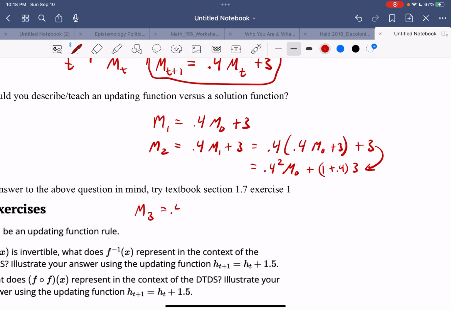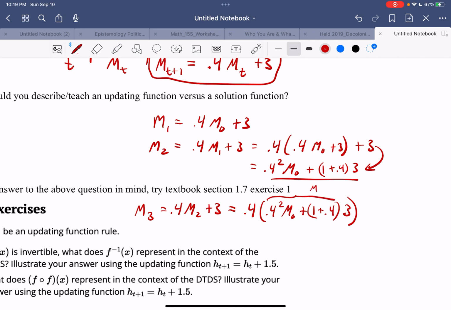M3 is 0.4 M2 plus 3. This is 0.4, and now here's M2. Let's plug that in. 0.4 squared M naught plus 1 plus 0.4 times 3. Right, all of this was just M2, and now we have to add 3.